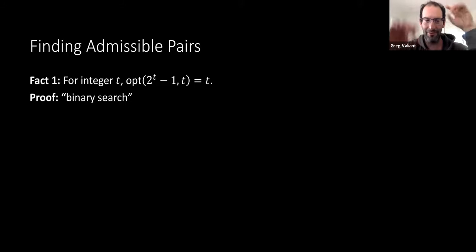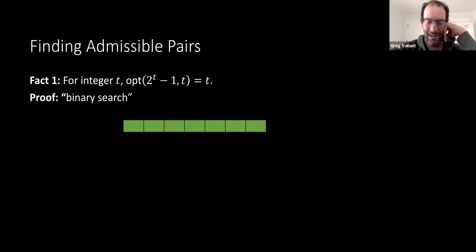If you start with 2 to the t minus 1 squares, the adversary can ensure that none of the arrows ever get removed. How do you do this? It's just a binary search type of thing.